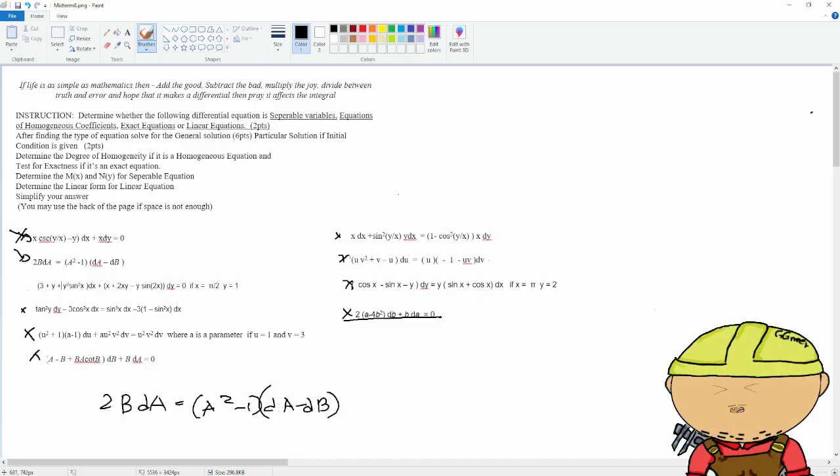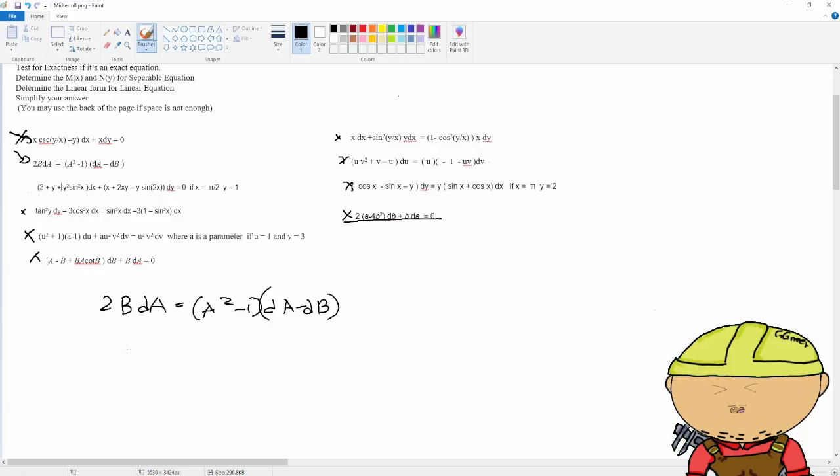Okay, so first off, let's just substitute x with b, y is equal to a. So 2x dy is equal to (y squared minus 1) dx dy minus dx.